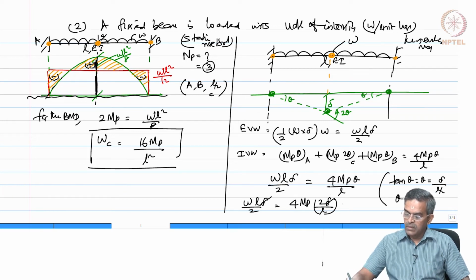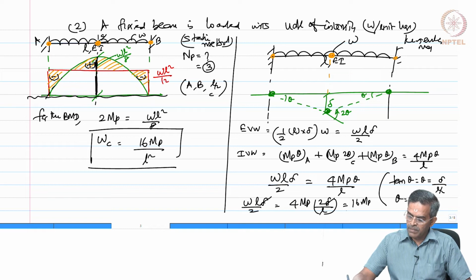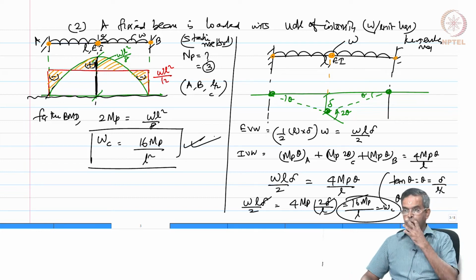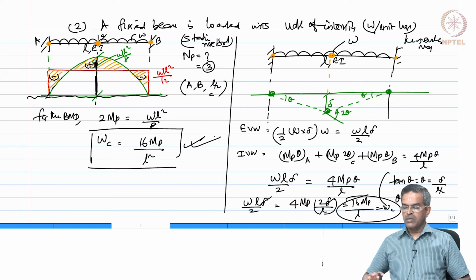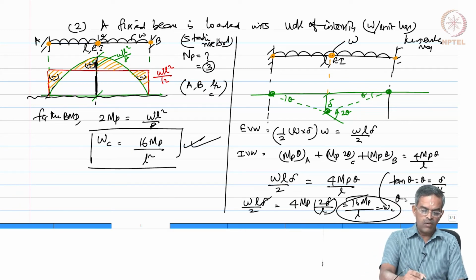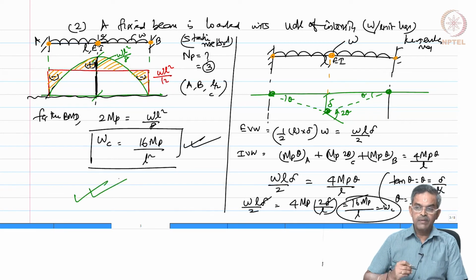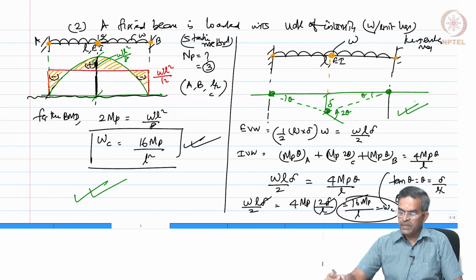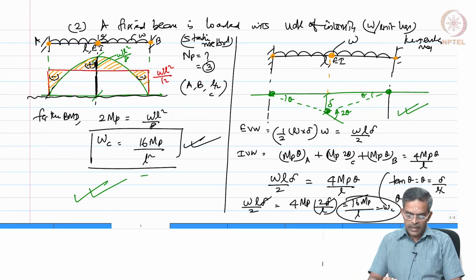So, that becomes 16 MP by L square, which is WC, which is same as this. So, I get the same collapse load by both the methods if the problem is simple where I can draw the statically admissible bending moment diagram easily, I can assume a perfect collapse mechanism easily, and I can get the same answer by both the methods.